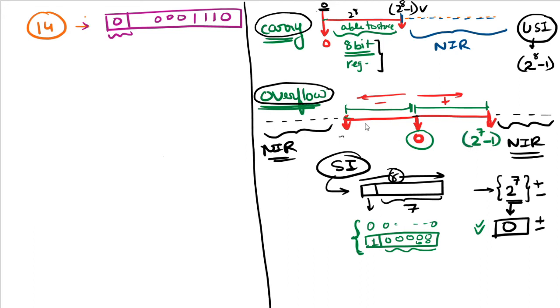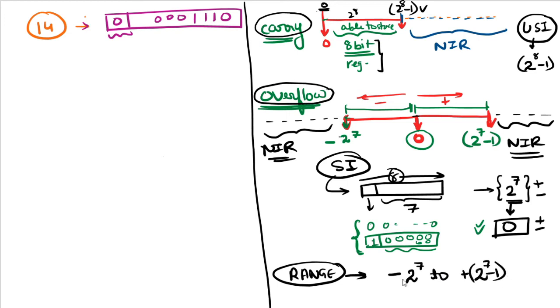And if there is one extra number that can be represented, it will start from minus 2 to the power 7. Therefore the range will be from minus 2 to the power 7 to plus 2 to the power 7 minus 1. This will be the range.